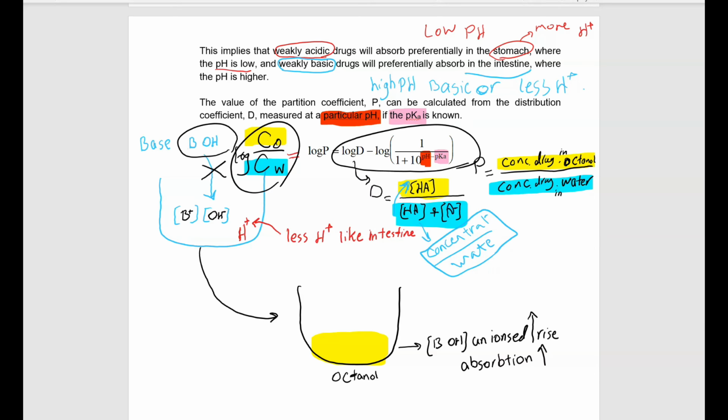Sometimes, though I haven't seen this kind of question, they will give you pKa, pH, and all these concentrations, and you will take the log of them and calculate log P. Sometimes they will give you these two values and ask you about log P. So don't worry about these equations.